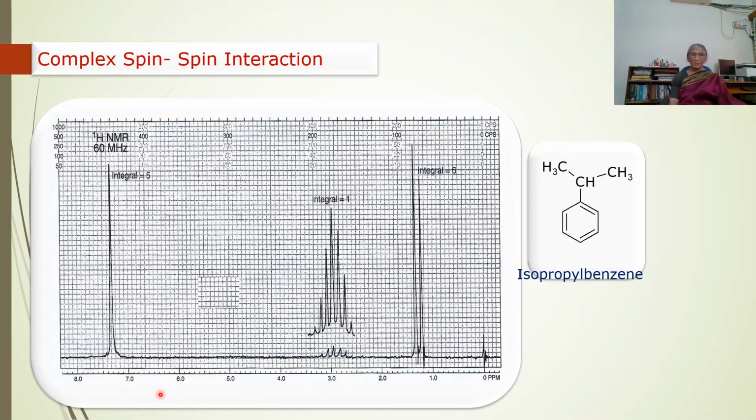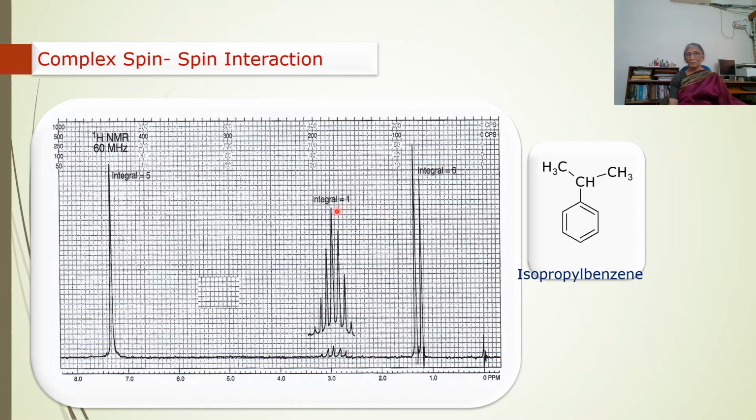This area between 7.2 and 8 represents the presence of aromatic protons, and there are 5 of them. And 6 equivalent protons show the presence of 2 methyl groups.